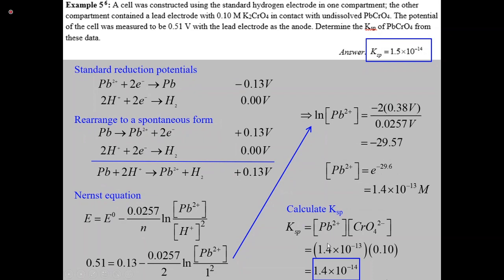That would change this answer. So for reasons like that, there are subtle differences in the calculated KSPs. I worked it out here so that it was reasonably close to what the author had in their example.